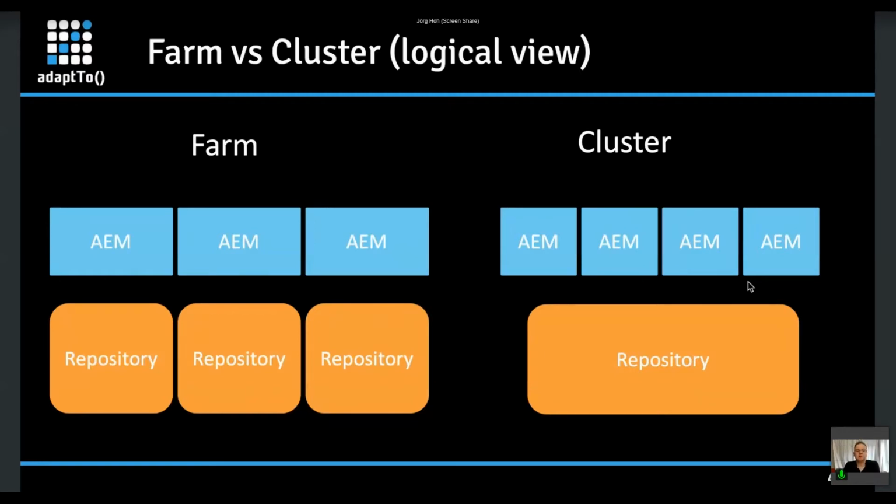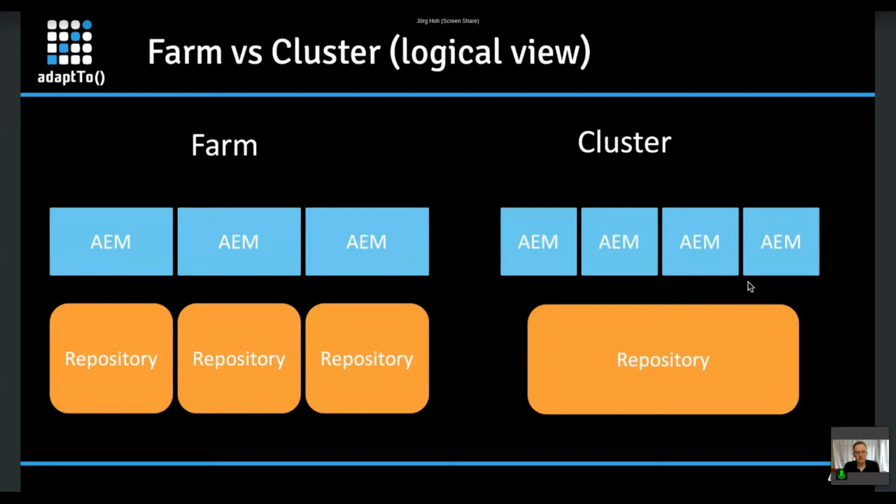And then we have cluster. Cluster is not a really entirely new concept. Clustering was possible starting even with CQ5, but also in AEM 6.0 it was possible to cluster with either a database or a Mongo. But with AEM as a cloud service, basically everyone has now a cluster.